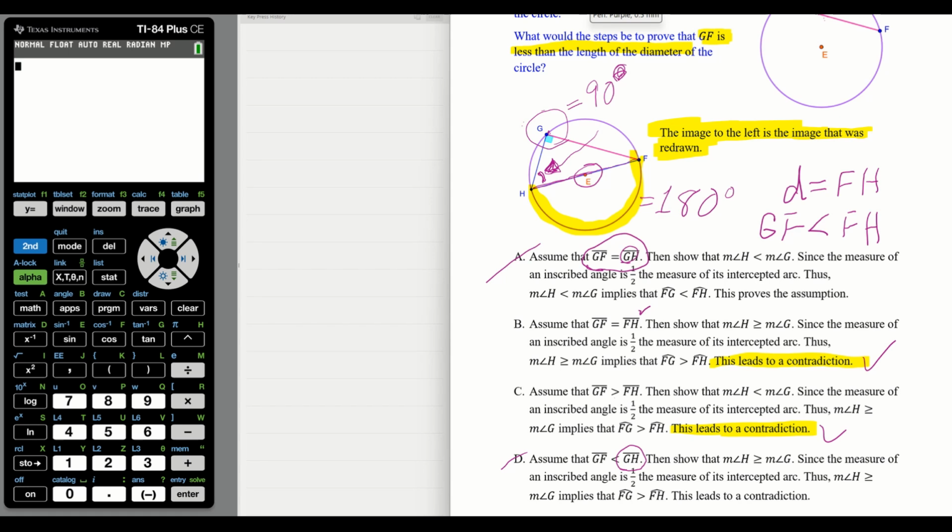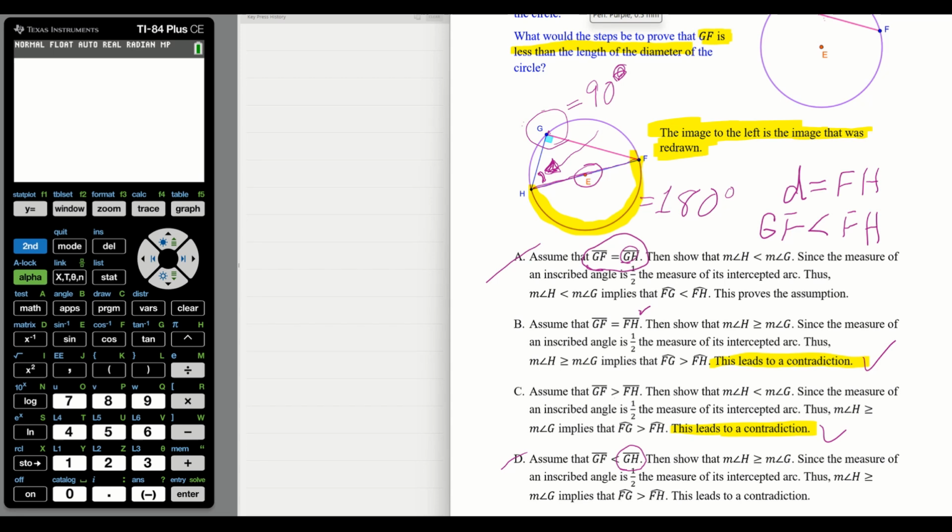Let's look at the next one, because everything they're saying in B is basically true. If we're saying it's equal, then we could go with one being greater than the other, even though we disagree with it in the image. We're trying to show this as a contradiction.